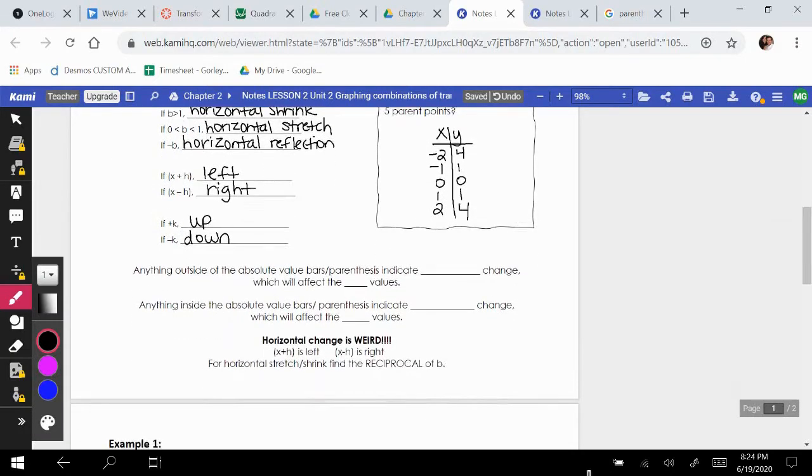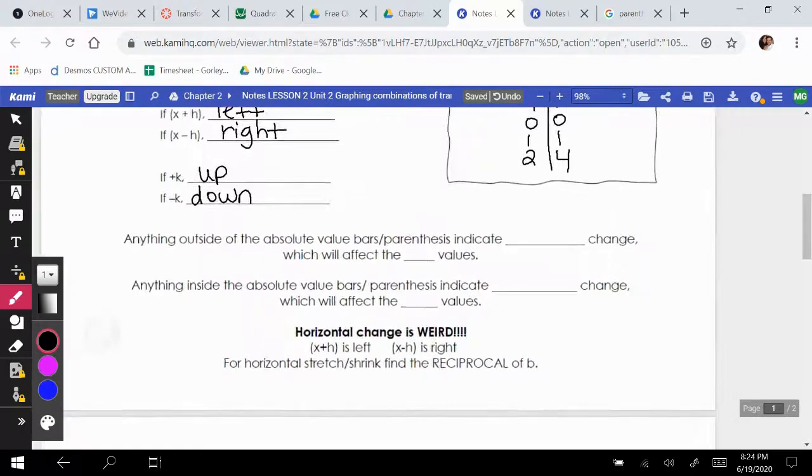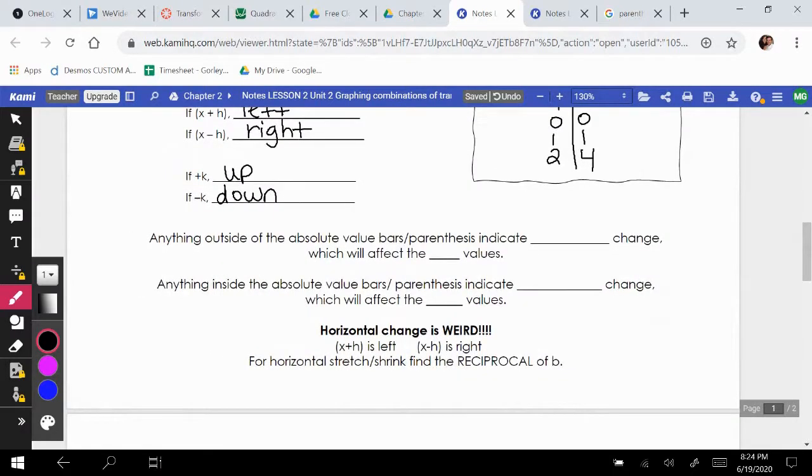It says anything outside of the absolute value bars or parentheses indicate what kind of change. Well, here we're talking about quadratic functions, so we're specifically talking about the parentheses. Anything outside of the parentheses would indicate vertical change, right? Vertical, which will affect what values?